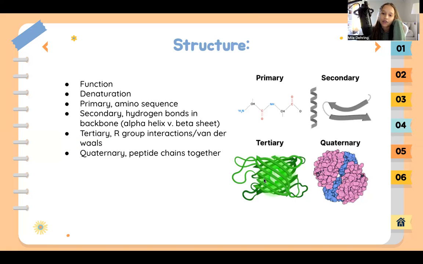After that, we have the tertiary structure, which is when the R groups interact with each other, and it coils up even more. When you have these tertiary structures joined together into peptide chains, you have your quaternary structure. So those are the 4 main structures of proteins.